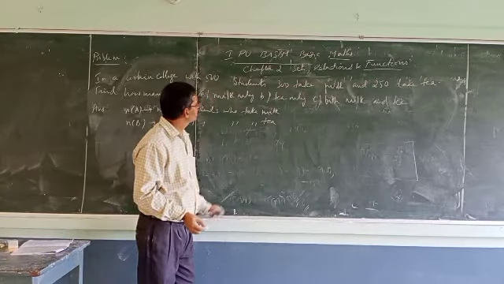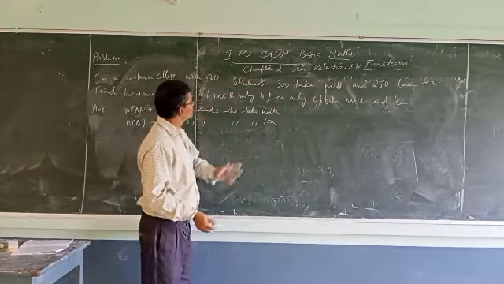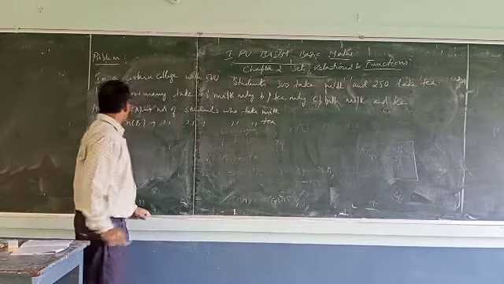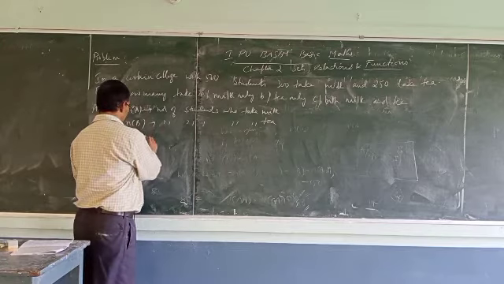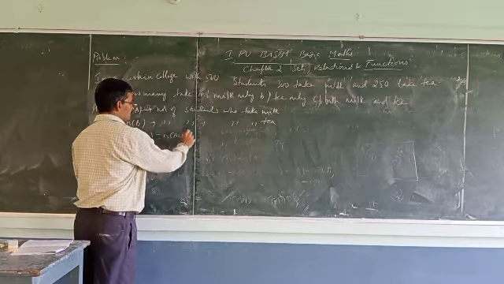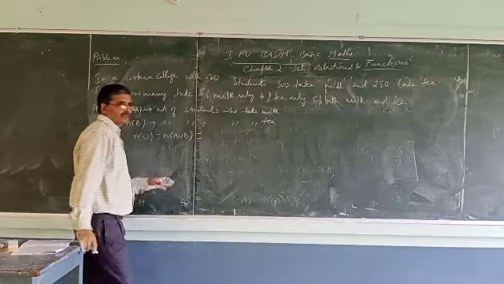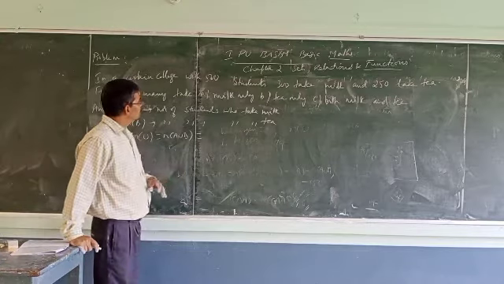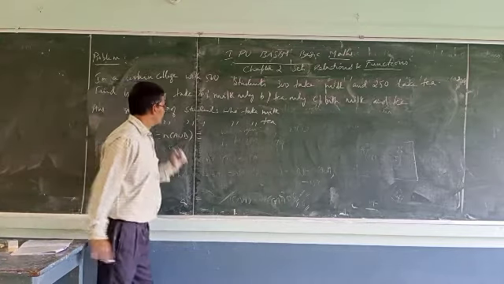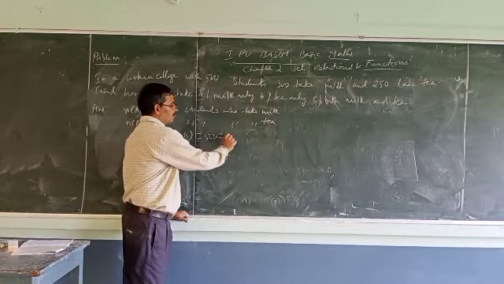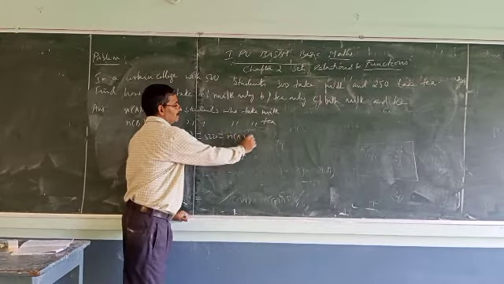Now the total students is N of A union B. N of U is 500. N of A union B, we assume they take tea or milk, so N of A union B is 500. But again the formula is there.